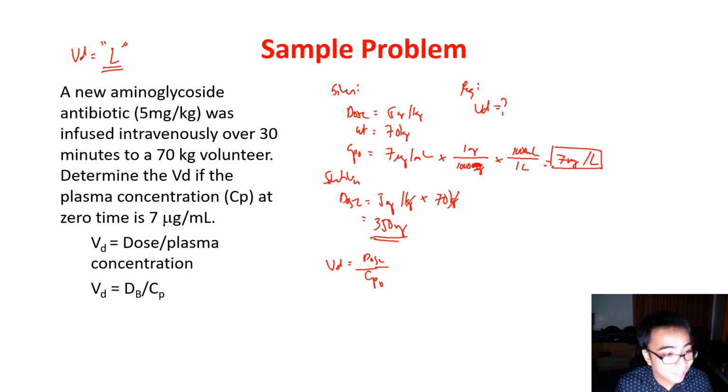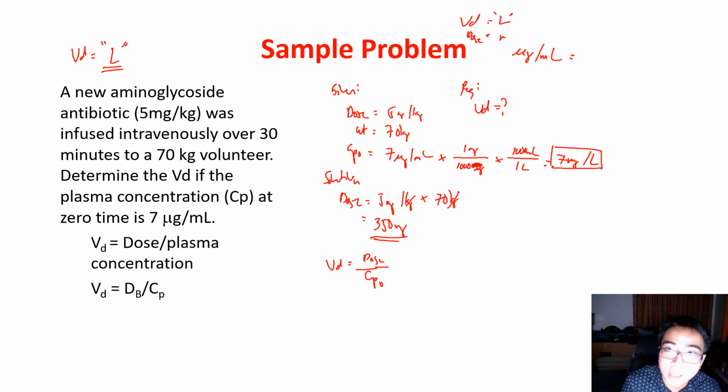Now, something, class, that students can often get confused about. Most often than not, class, the expression of plasma concentration will always be in micrograms per ml. Remember, class, what we often compute here are VD and dose. And most often than not, VD is expressed in liters and dose is expressed in milligrams.